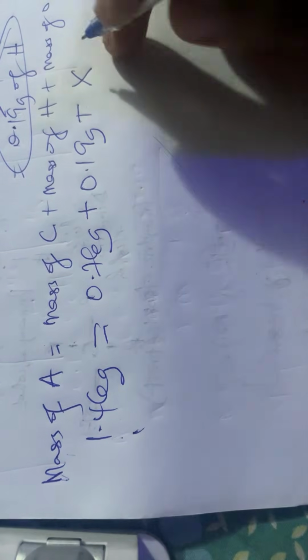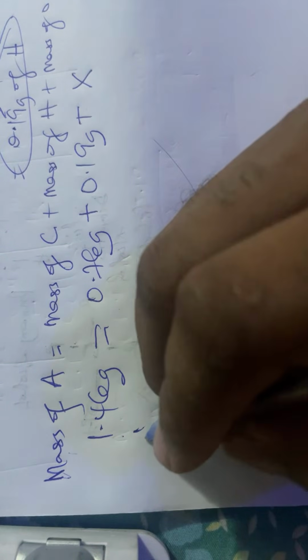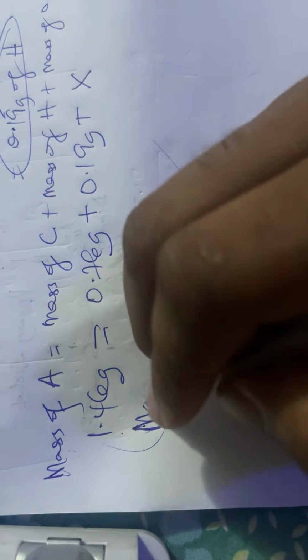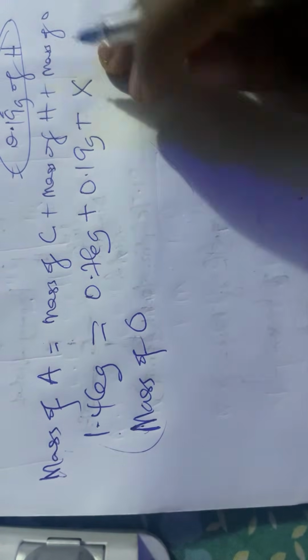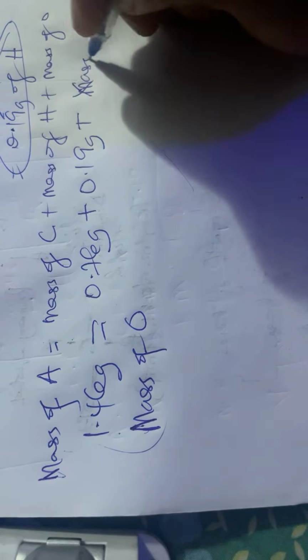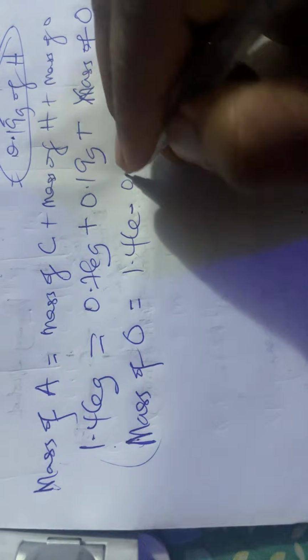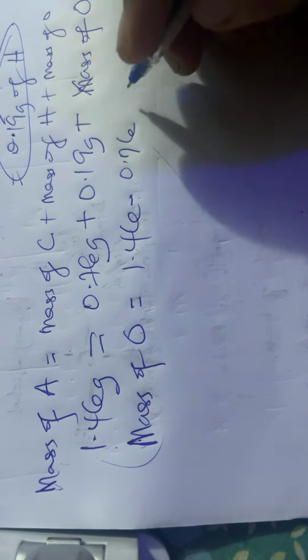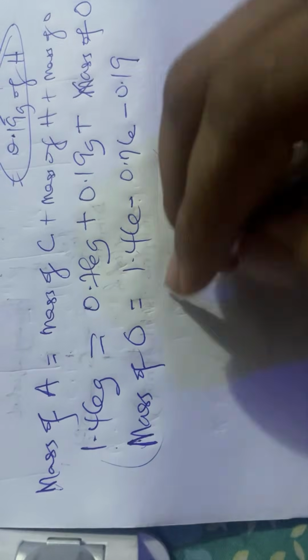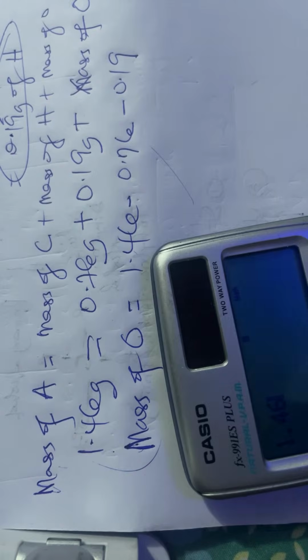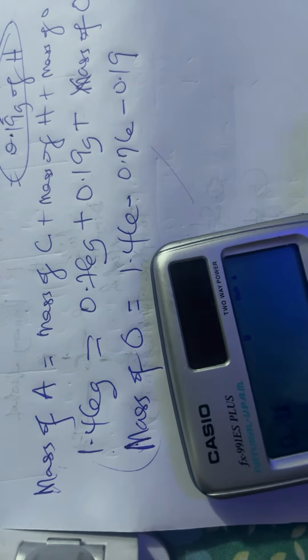So for us to get the mass of oxygen, we'll move these over. The mass of oxygen, which I wrote as X, since it's unknown, will be equal to 1.46 minus 0.76 minus 0.19.